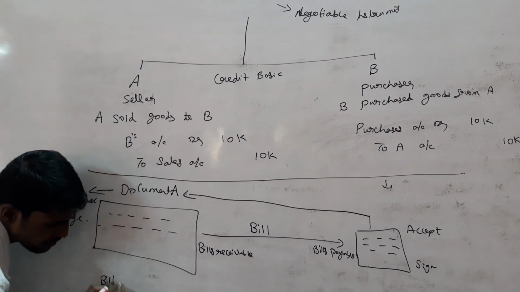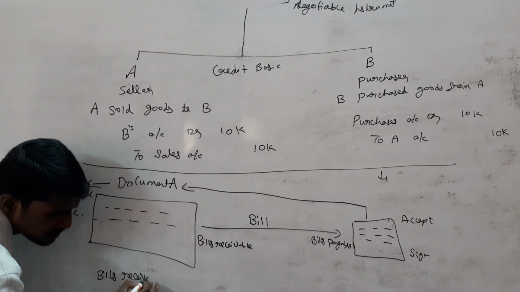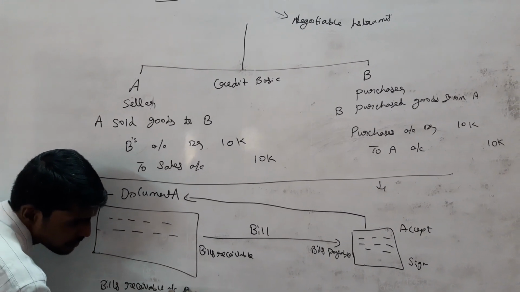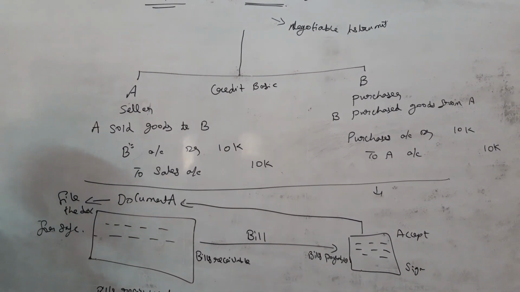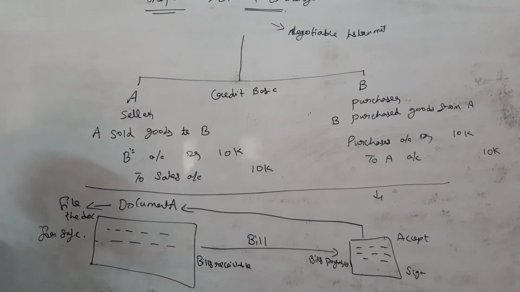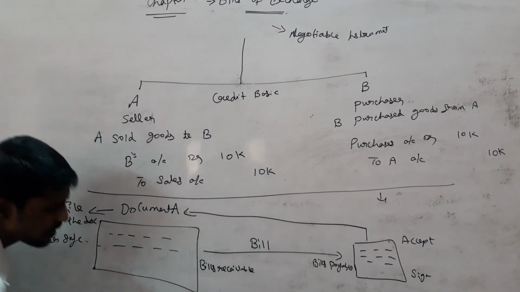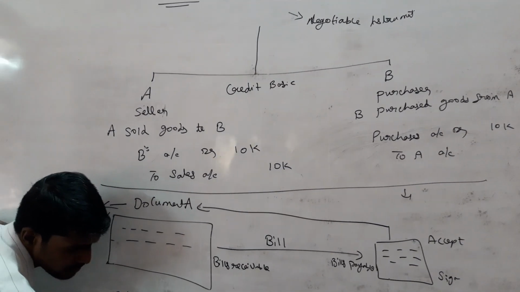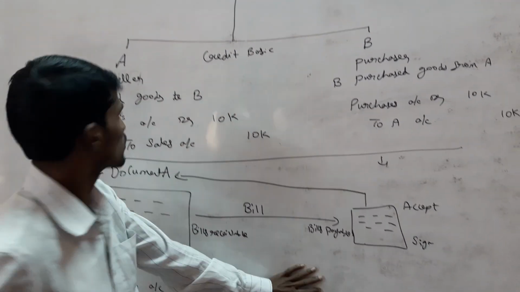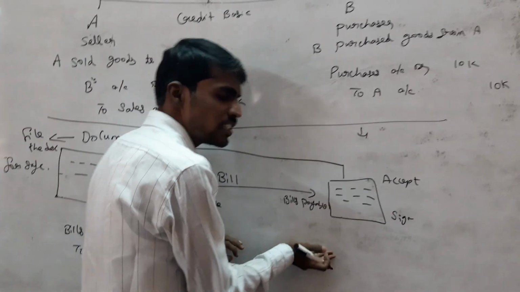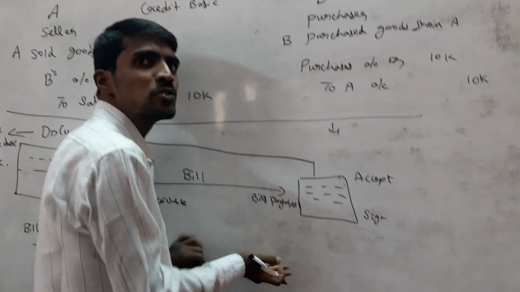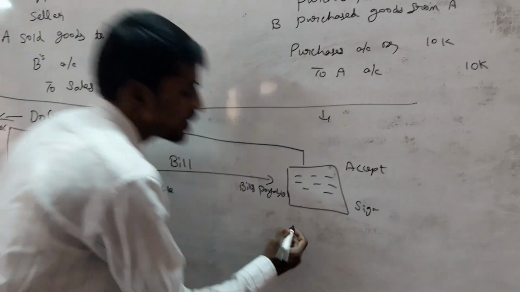He is receiving, so bills receivable account debit to, you know that in the personal account, the receiver is debited, the giver is credited. Who is giving? B is giving, B account. Now here, what he is receiving means receiver the debit. Who is receiving the bill? A is receiving the bill.